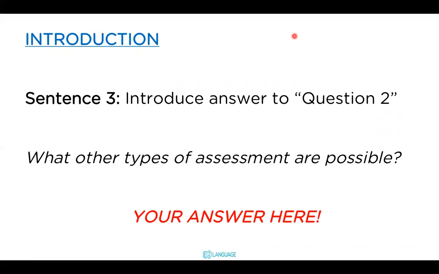Maria says, although formal assessments are one of the best ways, other types of assessments such as assigning projects and doing research must be looked into. Here we're sort of getting off track. Not must be looked into, are possible or are alternatives.